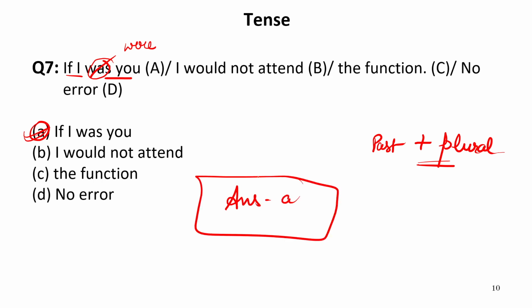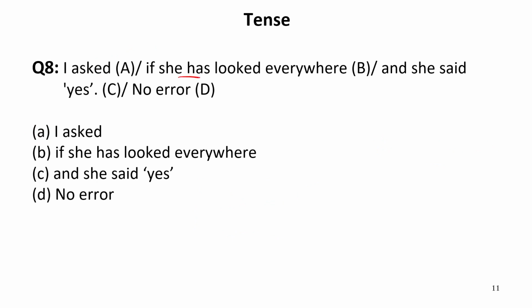Now let us move to the next one. I asked if she has looked everywhere and she said yes. Now in this sentence, the first part of the sentence is in past tense. If she has looked, now whenever there is such type of condition, the given sentence is in indirect speech only. So this part also needs to be made in past tense.